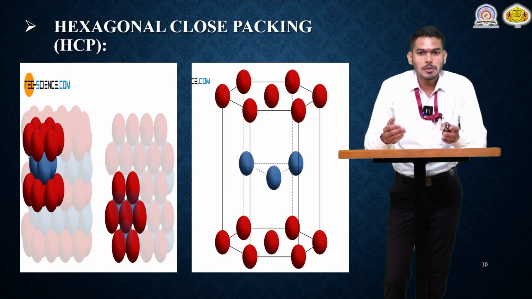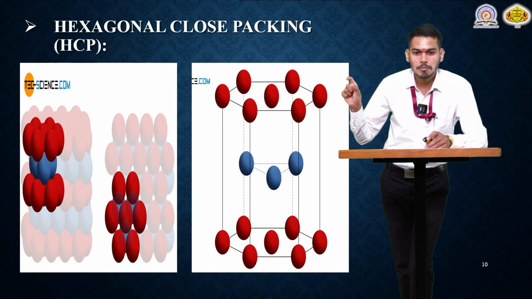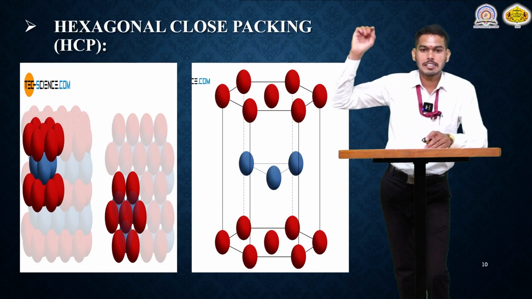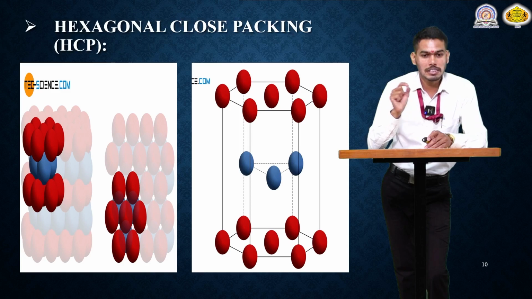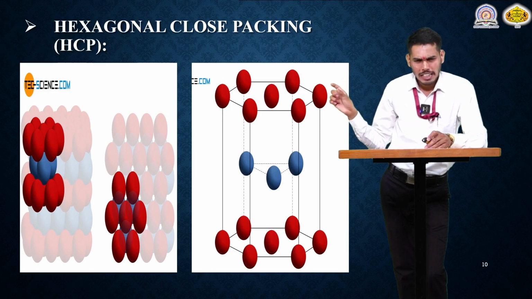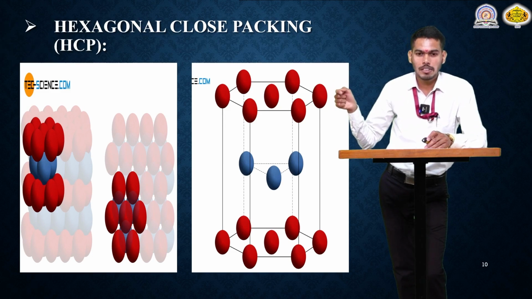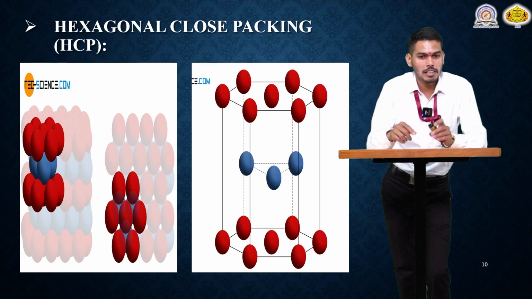In hexagonal close packing, the lattice constants A and B are equal, but C, which is basically the height of the system, is not equal to them. The distance between one red atom set and the second red atom set is the lattice constant C, while the distance between the linearly arranged red atoms in one plane is A and B.